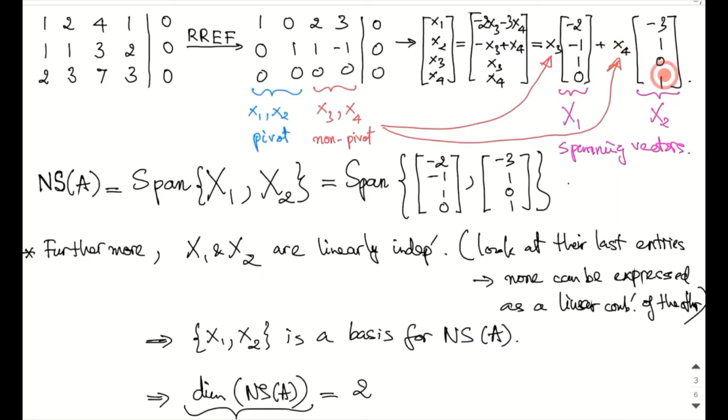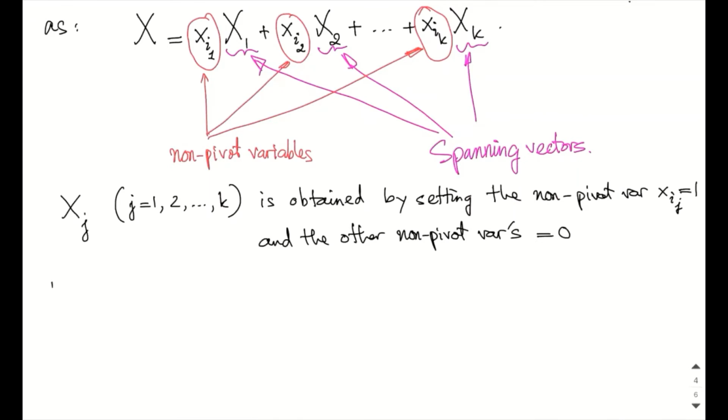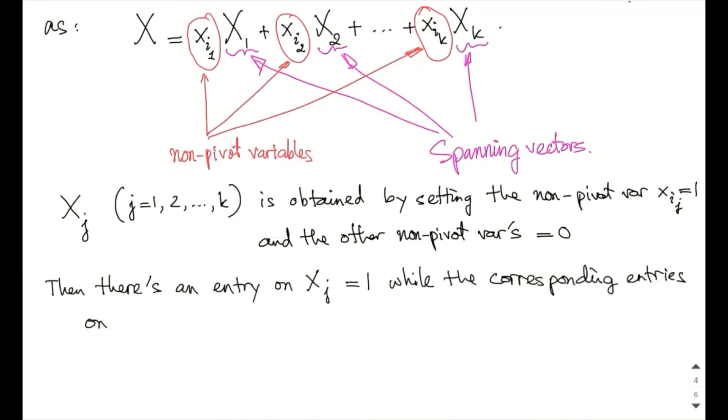You get the spanning vectors. That's what we do. Then an entry on x_j being 1 while the corresponding entries on the other spanning vectors are 0.